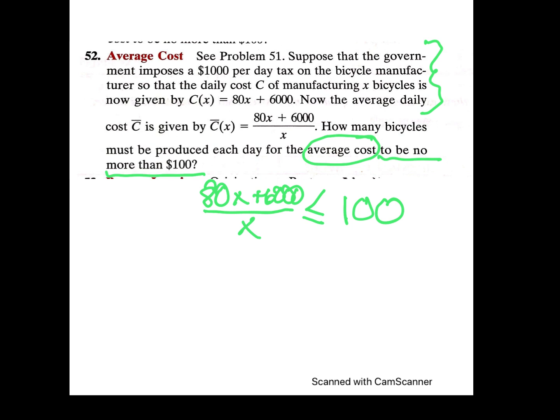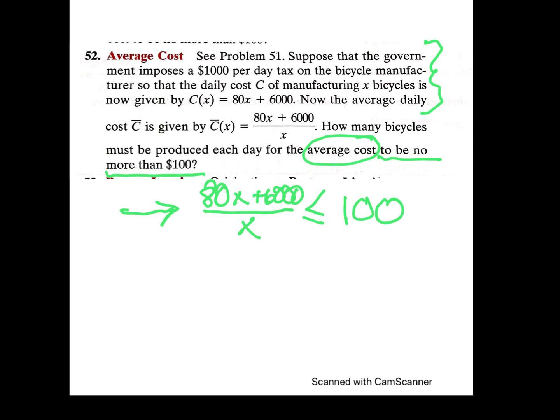Now, from now on, you need to know that average cost is always total cost divided by the number of items. If you remember that, then you can always write an average cost function. And as you can see, the average cost function is a rational function, or creates a rational equation or inequality because it's a fraction. Okay?